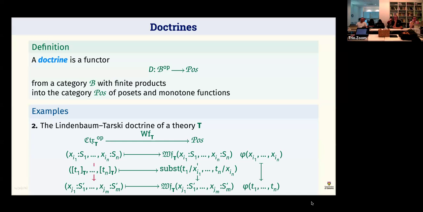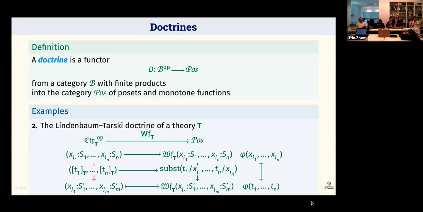The Lindenbaum-Tarski doctrine of a theory. Now, let's see. Why Lindenbaum-Tarski doctrine? The base category is the category of contexts. I'm given a theory in first-order logic. So I have objects which are contexts, so they are declarations of variables in the appropriate sorts.